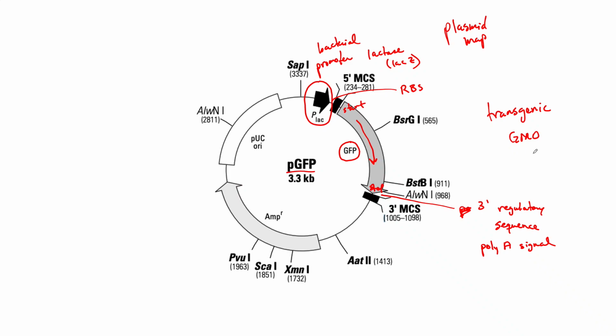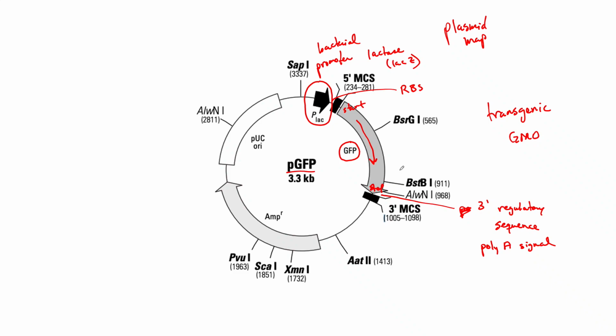Even though this is GFP that's not normally expressed or found in bacteria, they will produce it. And GFP is typically non-toxic unless it's produced in really large amounts. And so these bacteria would probably be relatively healthy. They would just be fluorescent green.